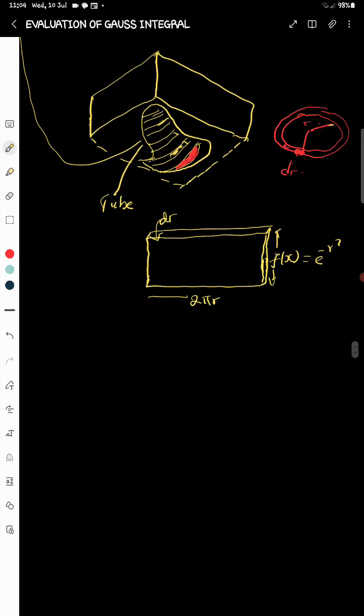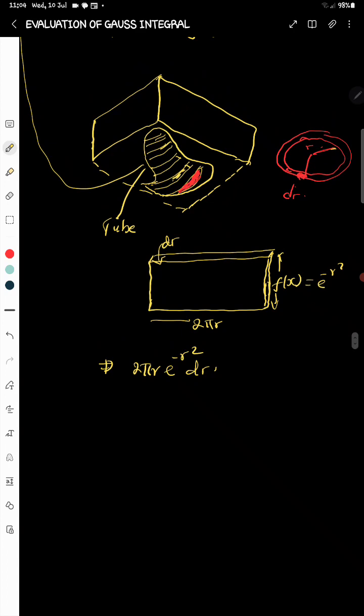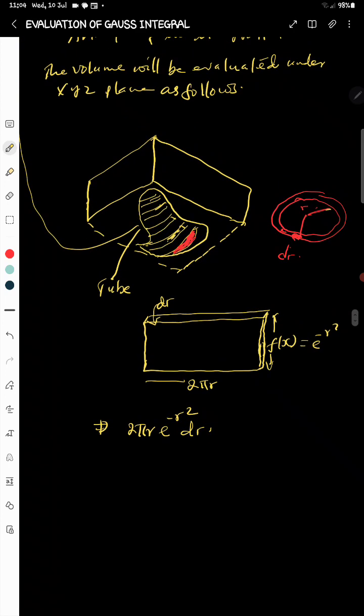So now the volume of this figure becomes 2 pi r e raised to negative r squared dr. So now we have taken the case of one element. Suppose we are taking the volume of the entire figure up to infinity. So we are going to integrate this function.